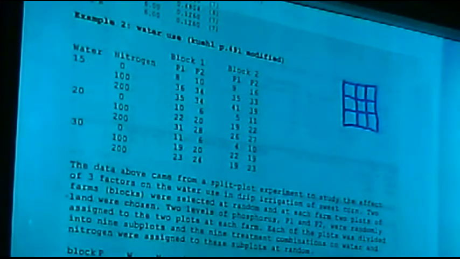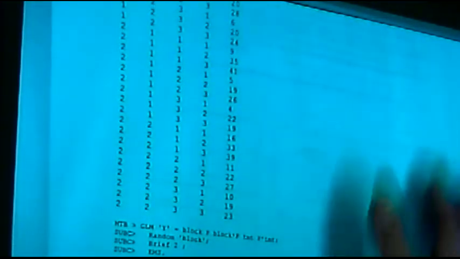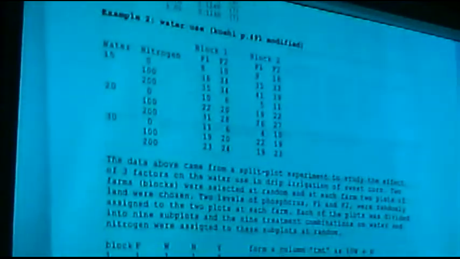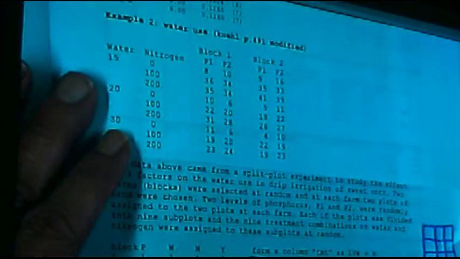Well, actually I'm going to cheat. So there's the data printed, and I should emphasize to you that I'm going to form a new column that's 10W plus N. Now, if you look at W, water is 1, 2, or 3, and then the N is 1, 2, or 3.